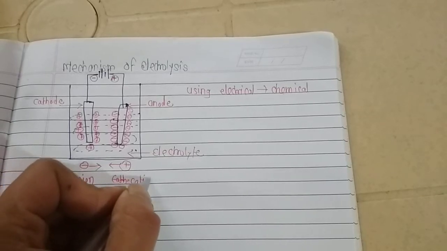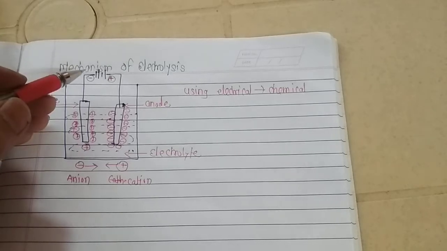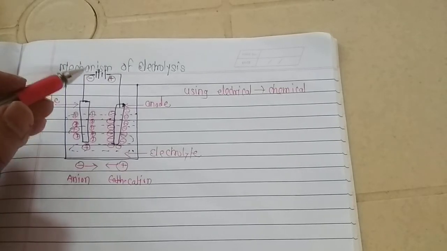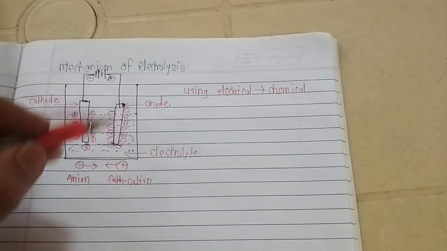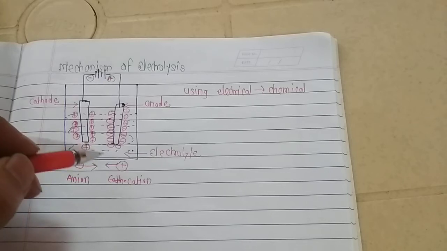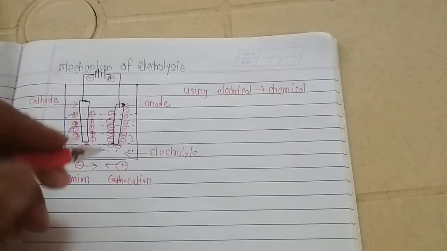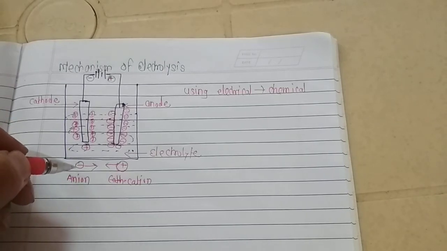When this key is closed, the complete circuit starts and the chemical reaction begins. Electricity is consumed here, and using electricity, chemical decomposition takes place.